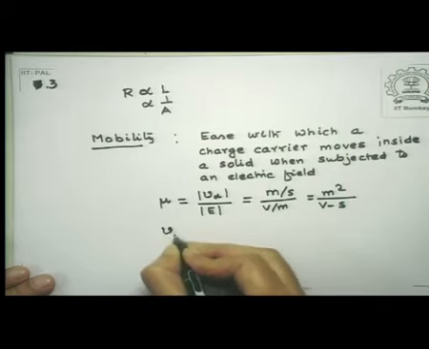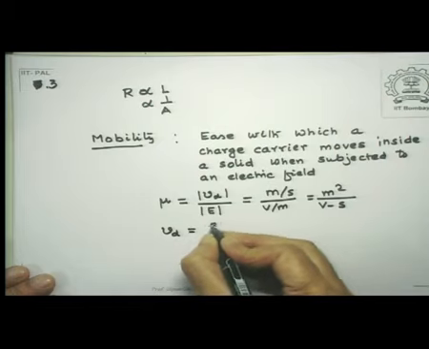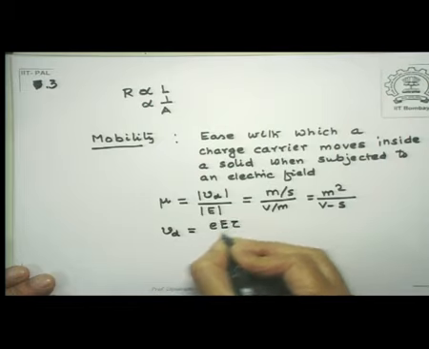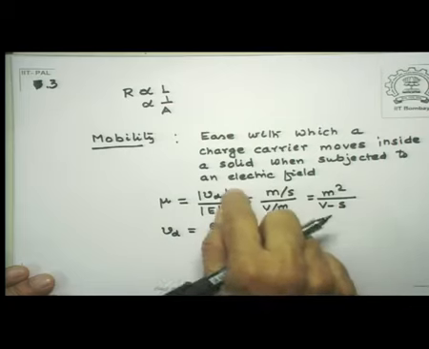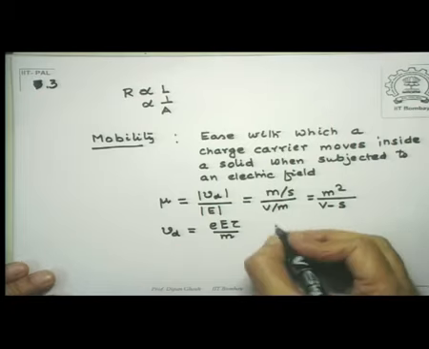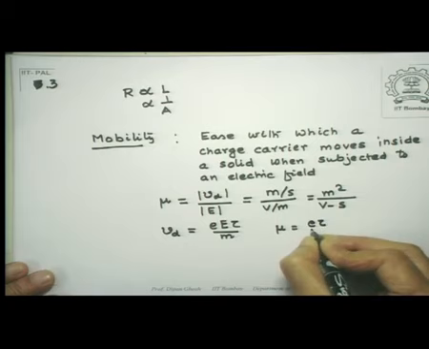Remember that we had obtained this expression for the drift velocity, which is E tau over m. So if you substitute this expression for the drift velocity, you will find mu is given by E tau over m.